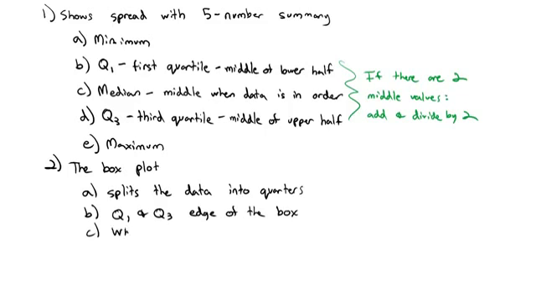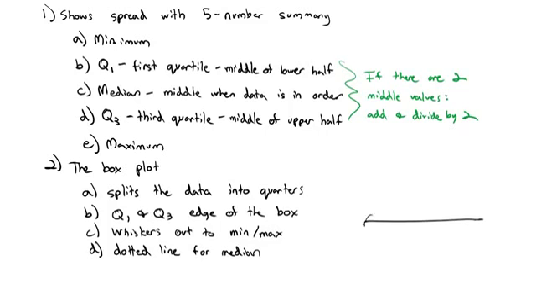And then we draw whiskers out to the min and max values. And finally, we use a dotted line for the median.